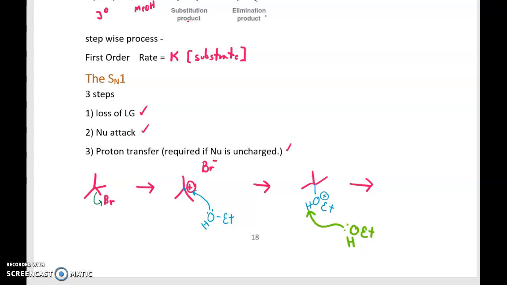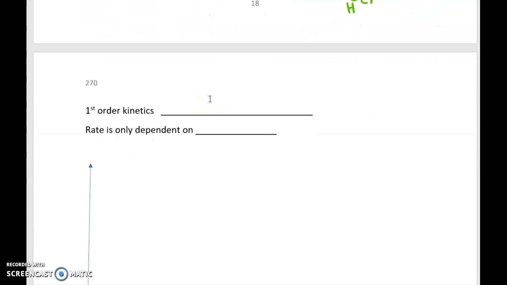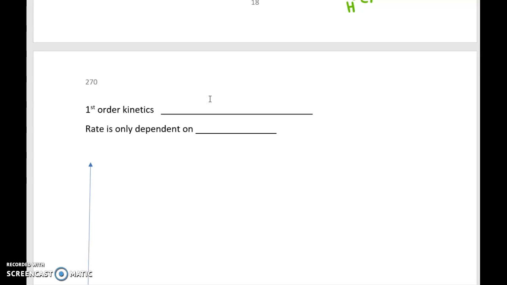The electrons that are between will go to the water, to the oxygen there. And we end up with our product in 3 steps. So we have first order kinetics. The rate is only dependent on the substrate.